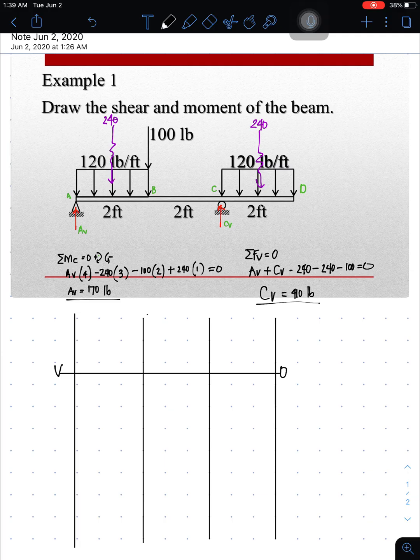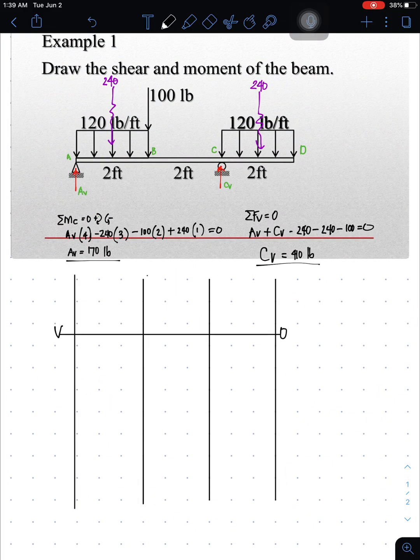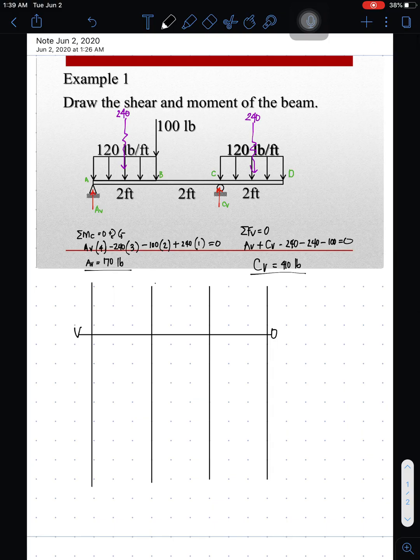Before I plot the shear values, all I have to get first is the values.